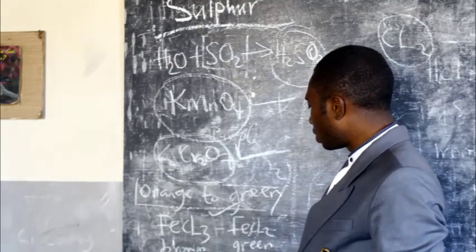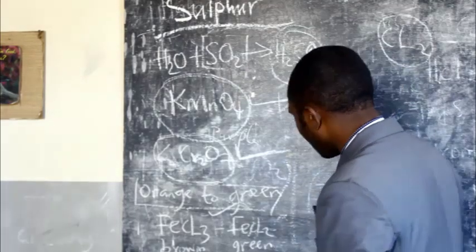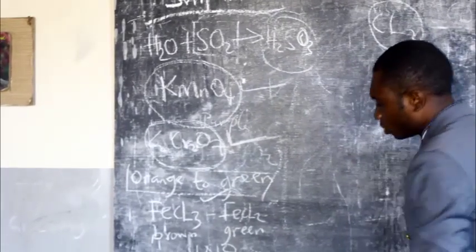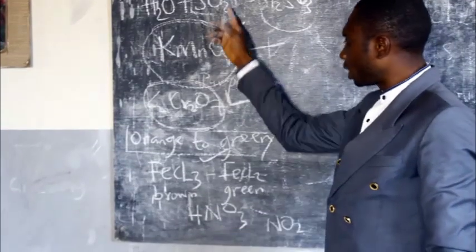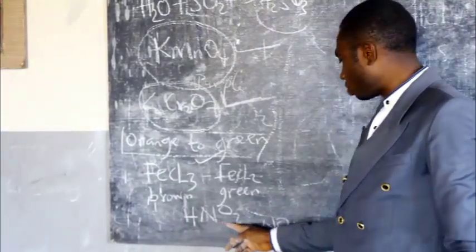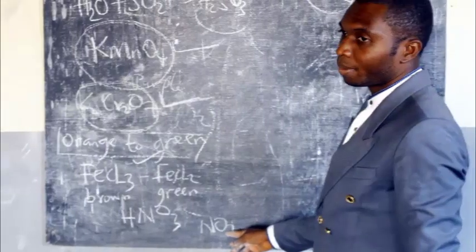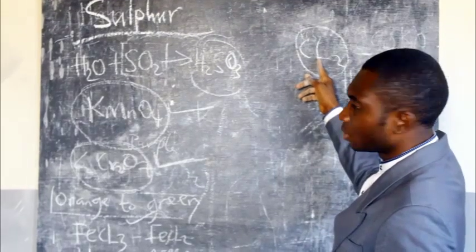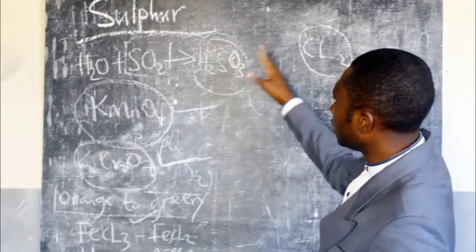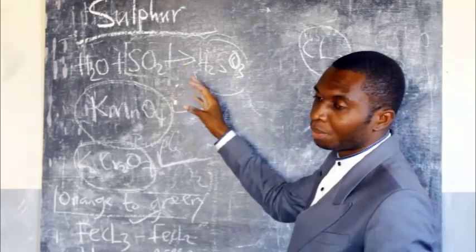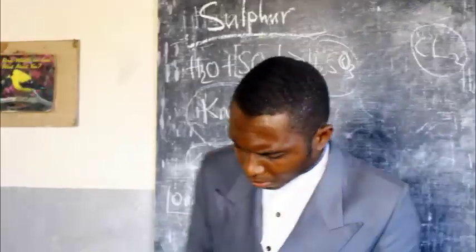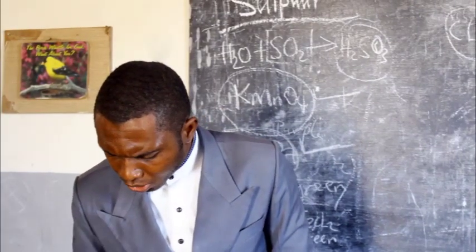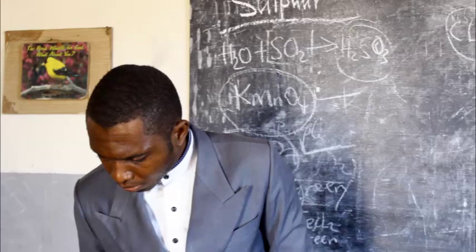When SO2 reacts with HNO3, it will release NO2, which is brownish in color. It can also react with chlorine too. So these are the reducing properties of SO2. So SO2 bleaches by what? Reduction. Thank you.